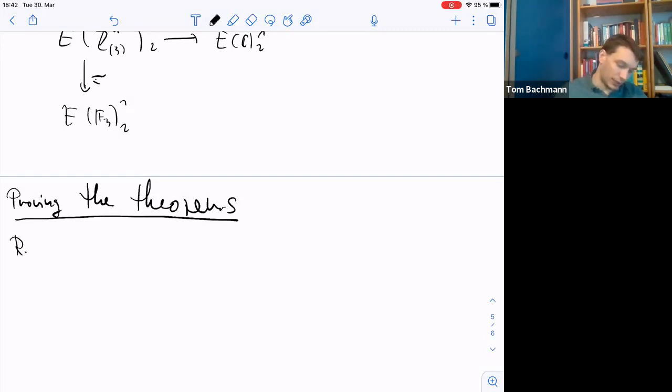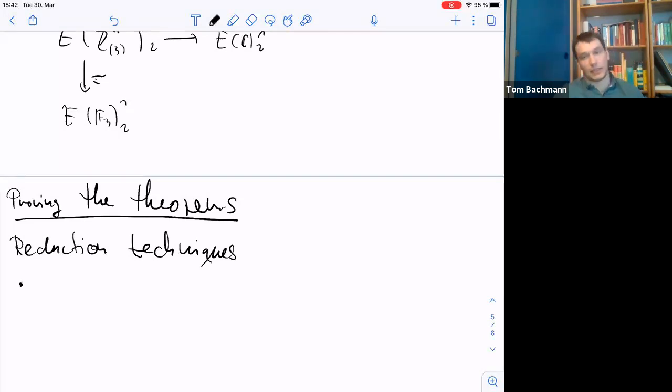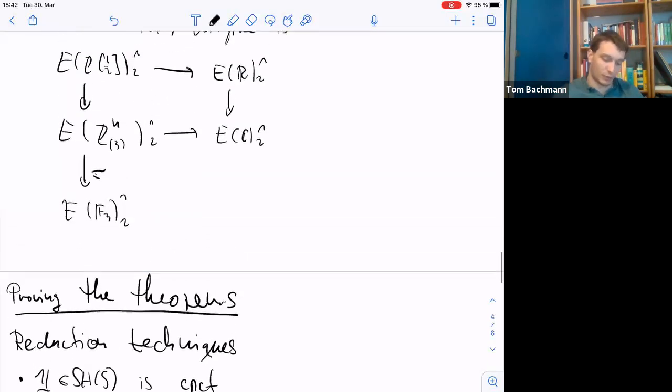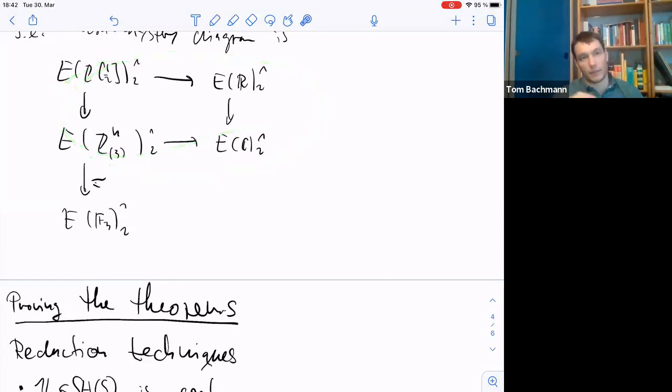So we use the following reduction techniques. One is that the way the motivic categories are set up, these sphere spectra are always compact. And so what this means is that this diagram that we're trying to prove is a Cartesian square depends on E in a fashion which preserves colimits.